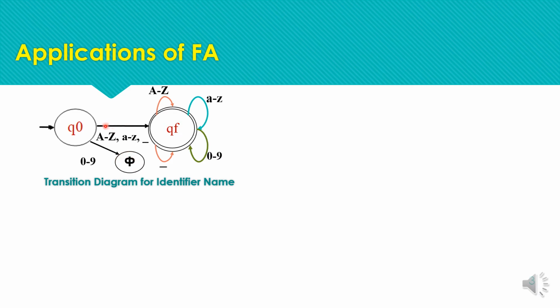Otherwise, we are at the final state for any minimum one symbol received from the initial state, and later on any number of alphabets, digits and underscores are acceptable by the machine as the identifier name. So this machine is actually the compiler.